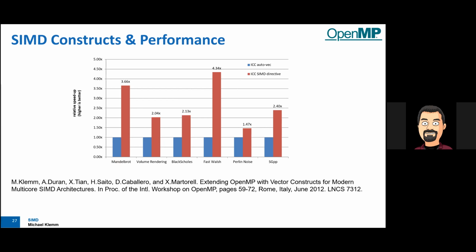There's a question by Thomas: are Fortran elemental functions equivalent to declare SIMD? Actually, it's pure. So anything that is pure, so it doesn't have side effects like print or throwing C++ exceptions or the like, can be made a declare SIMD function.